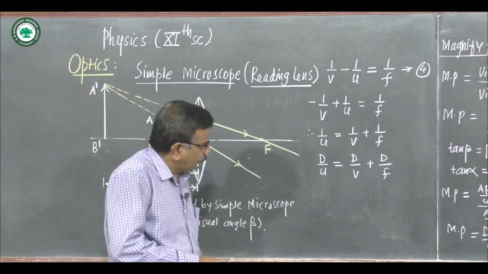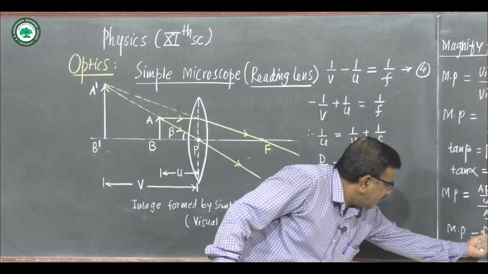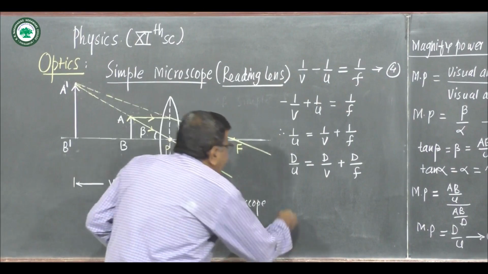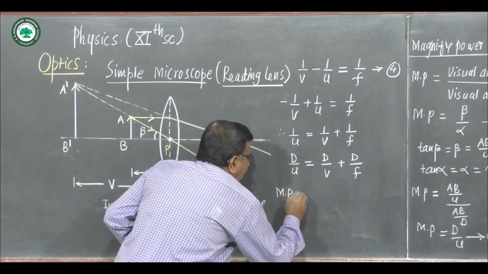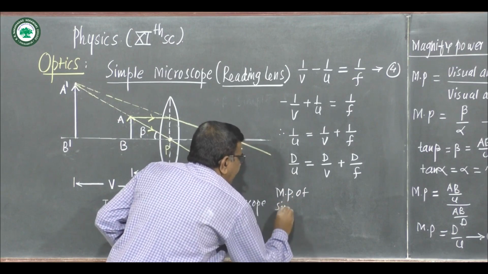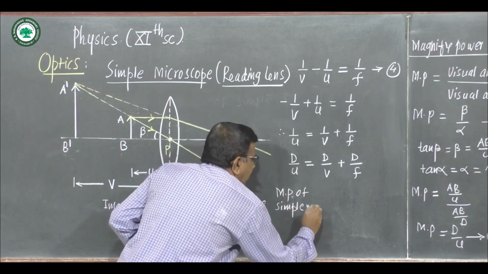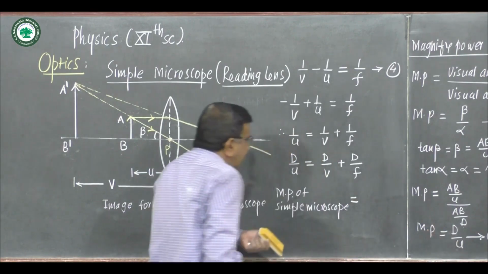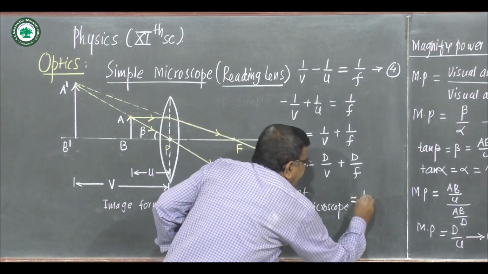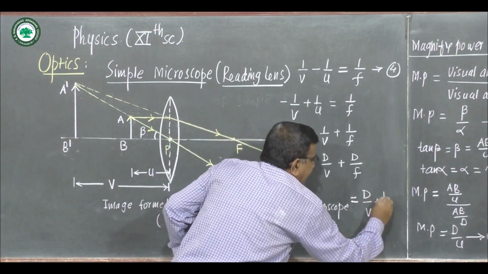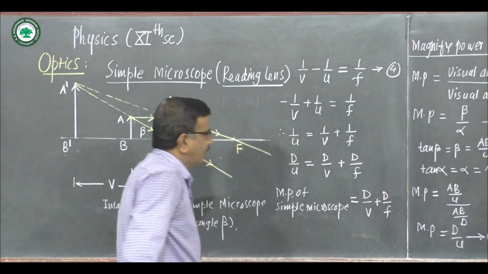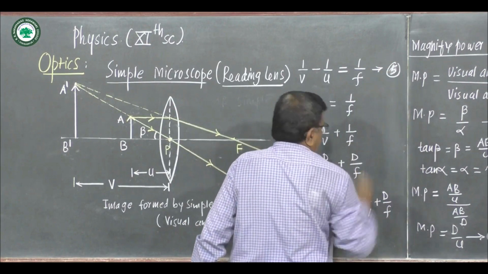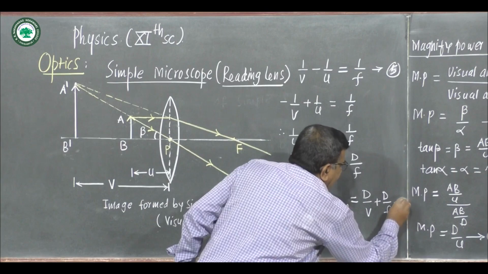But from equation 4, magnifying power is D upon U. So the magnifying power of the simple microscope is equal to D upon U, but this D upon U is D upon V plus D upon F. Suppose this is equation 5 and this is equation 6.